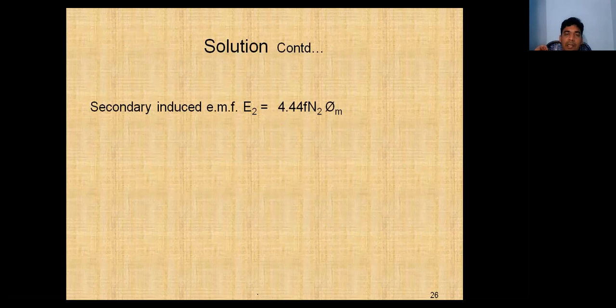Secondary induced EMF E2 is equal to 4.44 F into N2 into phi m.